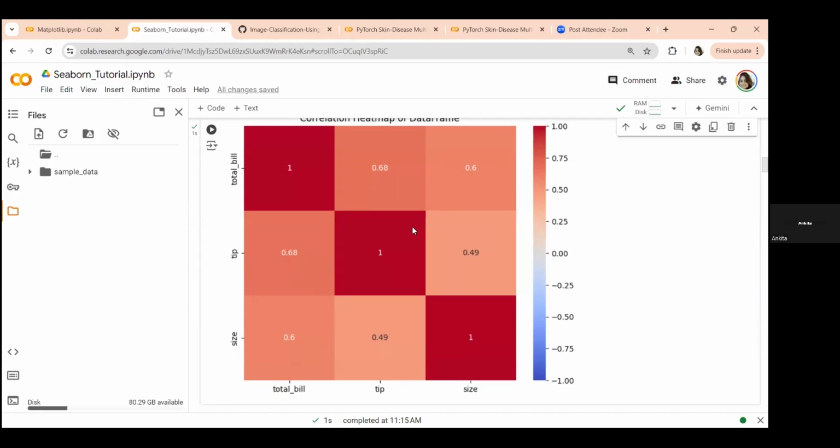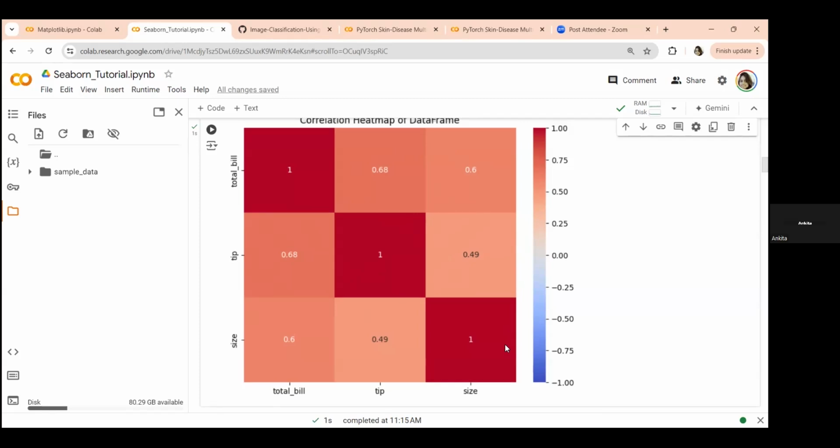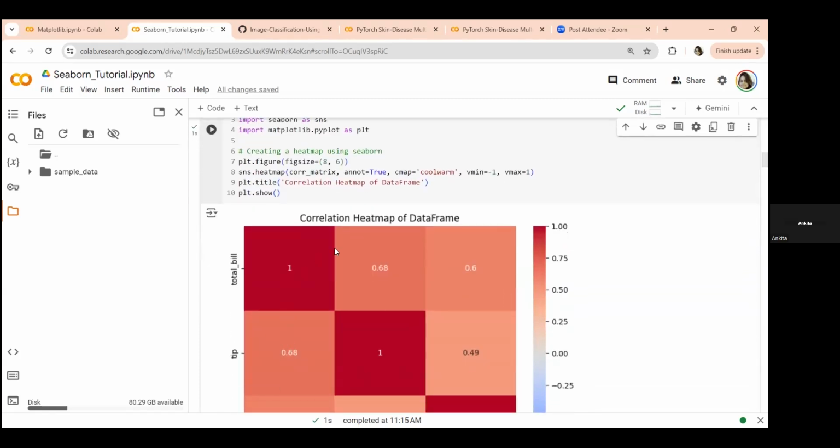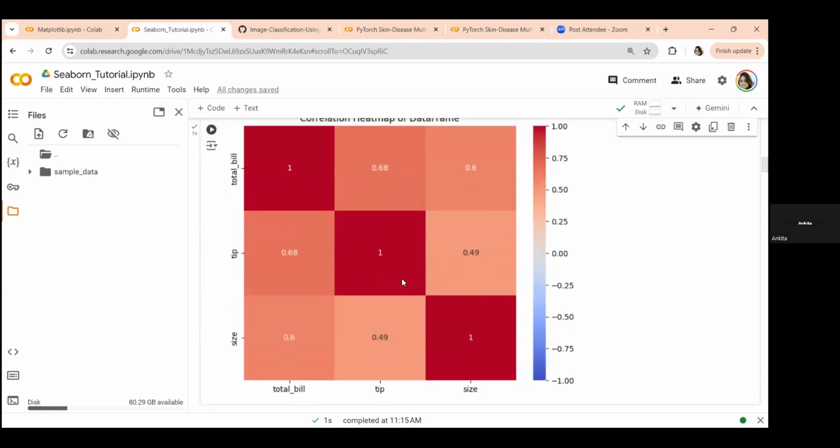If the value decreases, the color gets lighter in the heat map. From this color representation, we can understand how two features are correlated with each other.